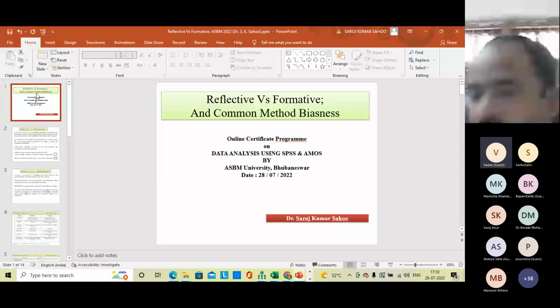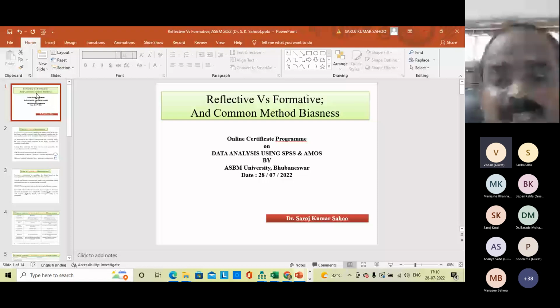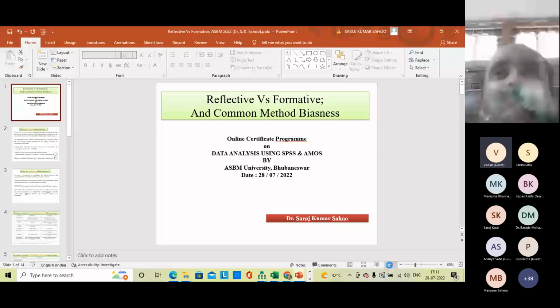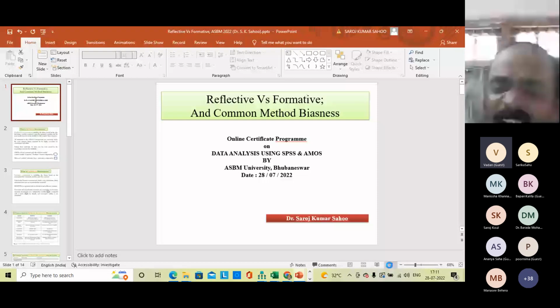Till now, whatever explanation we have made in AMOS, these are all reflective measures. Why reflective measures?